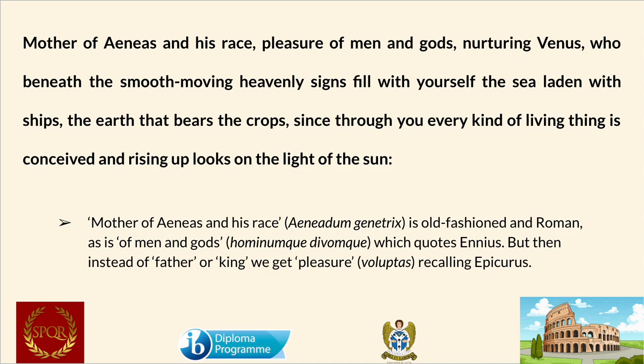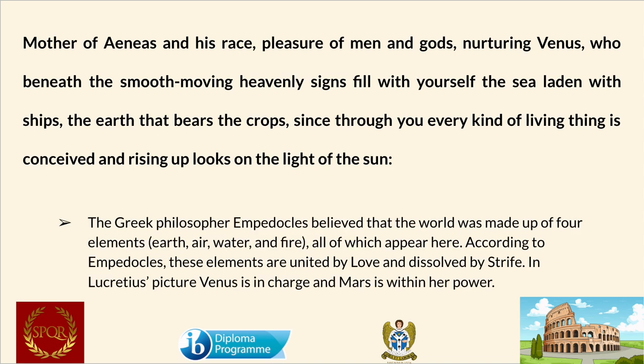Venus is described as the pleasure, the voluptas of men and gods, right? Normally that phrase of men and gods goes with king, right? Jupiter is king of men and gods. But here we get pleasure of men and gods. So you've got Roman elements and then this very un-Roman element. You'd never get Virgil focusing on pleasure in the first line of his epic poem, for example. Okay.